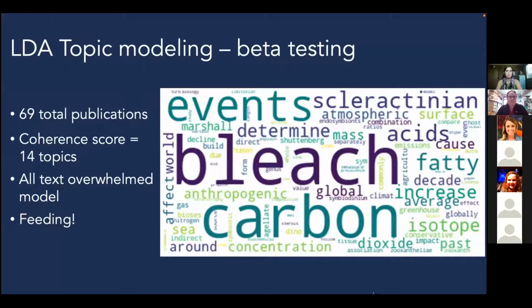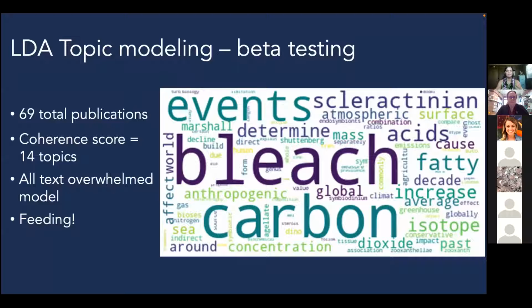All right, so for this first topic modeling attempt, I'll call it the beta testing. I searched online and found 69 total publications between 2009 and December 2020. I put them into Python, and I wanted to see how many topics to sort the data set into.